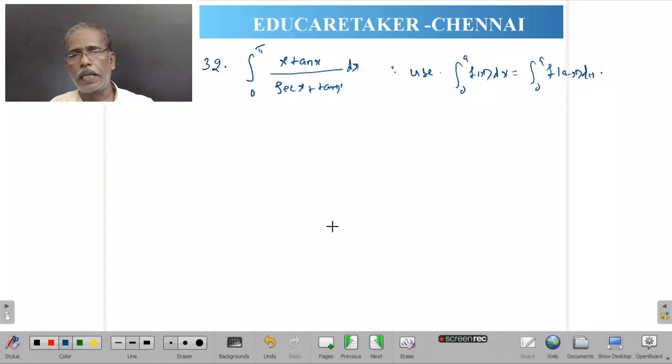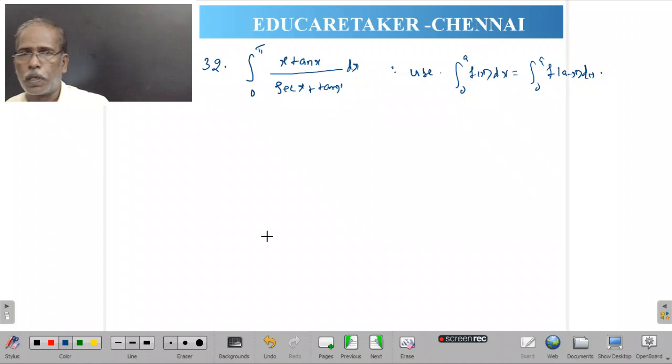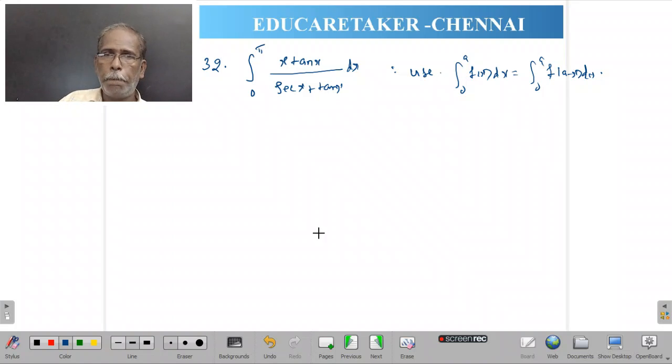This is a familiar identity, a property of definite integrals, also known as the complementary property.